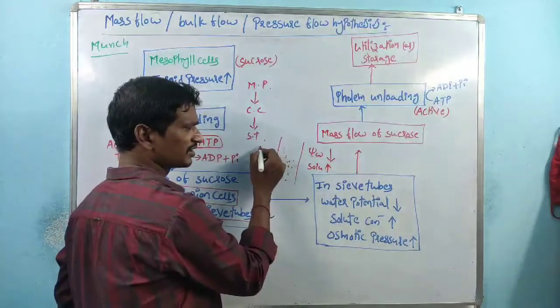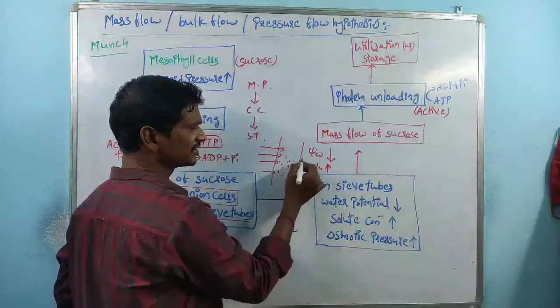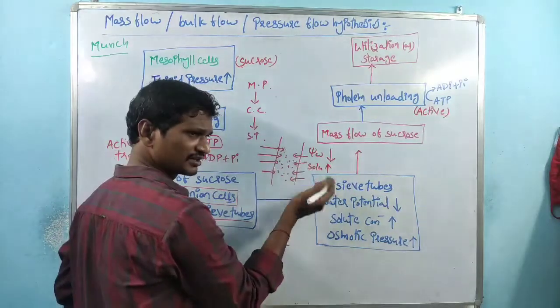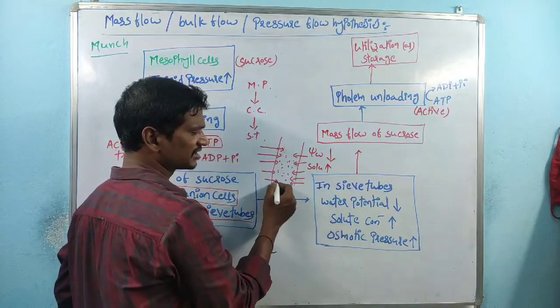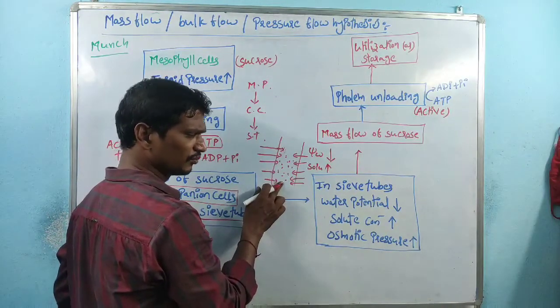Then from the neighboring xylem vessels, water is transported into the phloem.